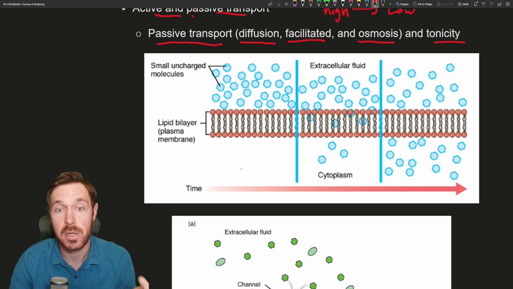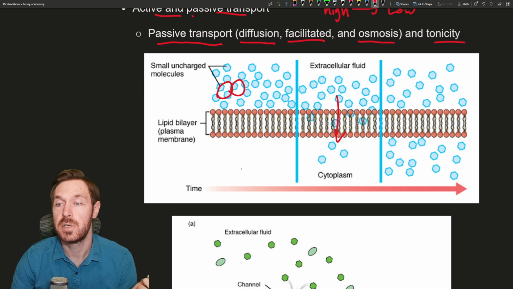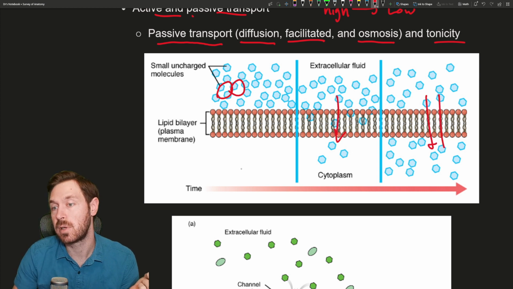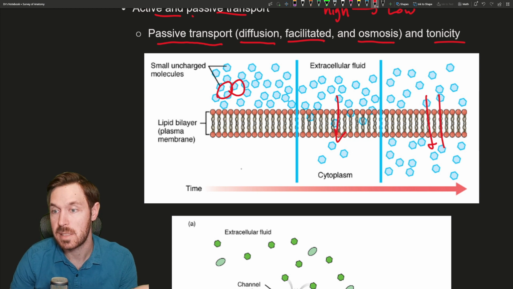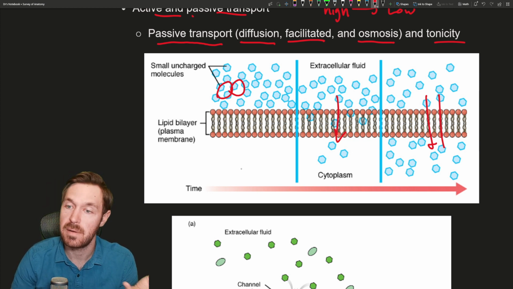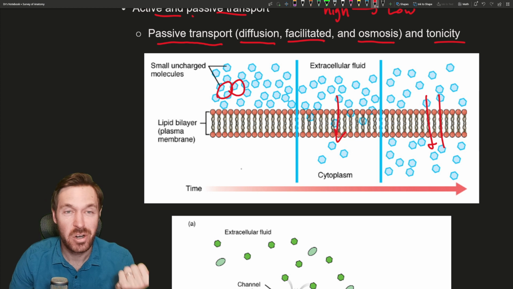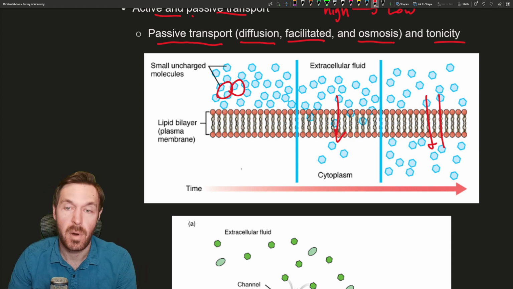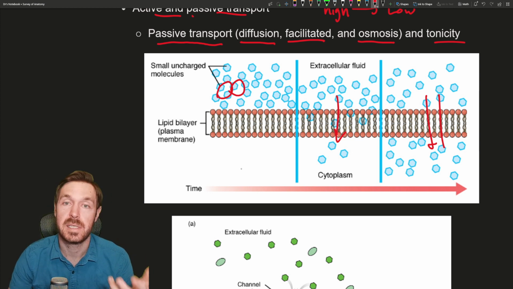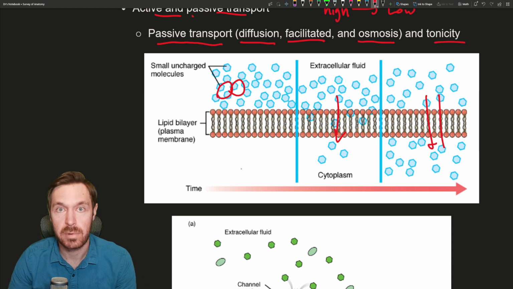Small lipids or uncharged molecules and gases can move through. So if you have a high concentration out here, over time, they're just going to move through, and then they're eventually going to be equal inside and out. It's just going to equalize if they can freely move through. But charged ions, small molecules, glucose, things like that, they cannot move through the cell membrane because they are charged.